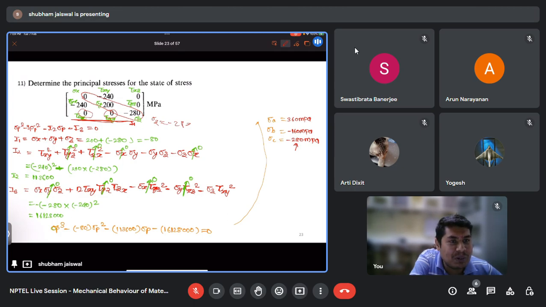This type of question will come in GATE. Just by observation you can solve, instead of doing all this procedure. So before solving a question, look at the question. The trick is in the question. Yeah, they asked about the principal stresses.